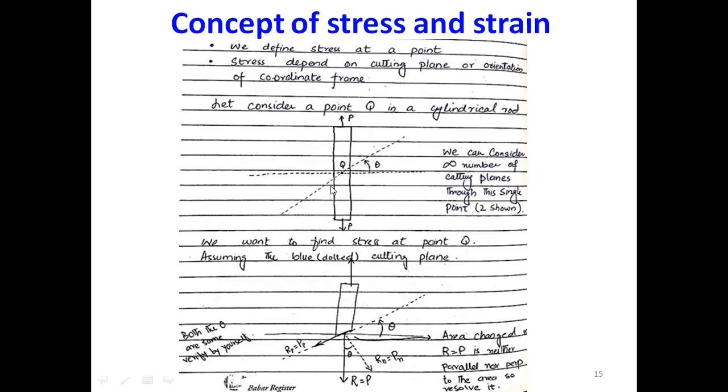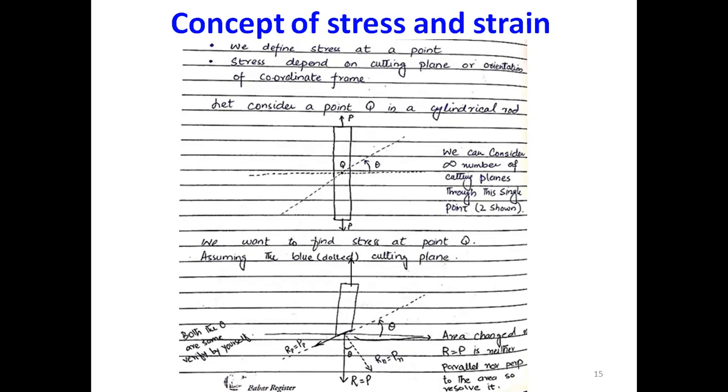On this slide we would be discussing that if we change the cutting plane, then what would happen? The stress values will change. Also, through this point, we could pass infinite lines or infinite cutting planes, which means that for this point we would have infinite values for the stress. All those values would be correct.